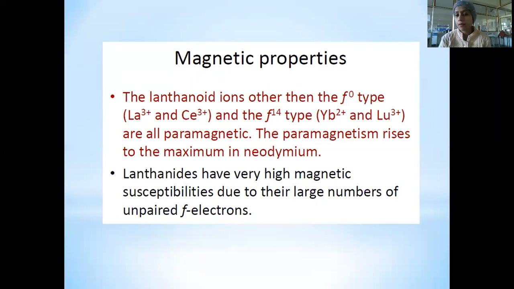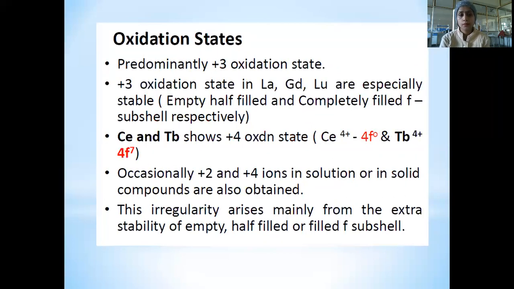The maximum paramagnetism, meaning the maximum number of unpaired electrons, is found in neodymium, similar to manganese in the case of d-block elements. So here maximum paramagnetism is shown by neodymium, that you can remember. Then they have very high magnetic susceptibilities. Why? Because they have a large number of unpaired f electrons.